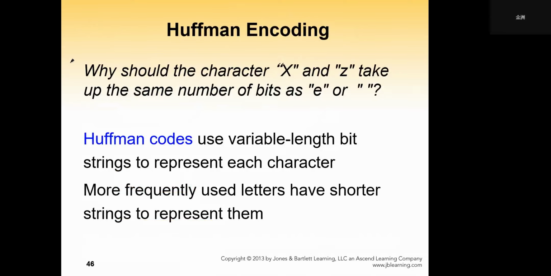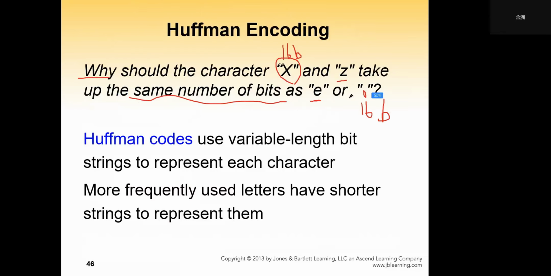Firstly, this encoding algorithm arose from an observation: why should the character, for example, X and the character Z, take up the same number of bits as E or a space? For example, this character is 16 bits, and this character is also 16 bits.